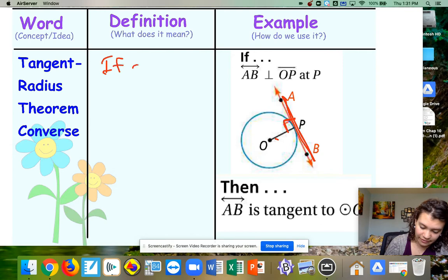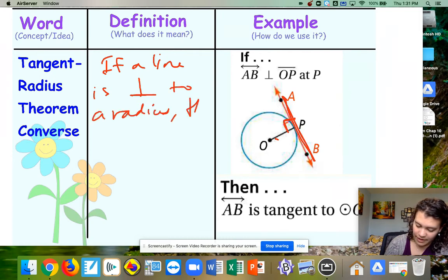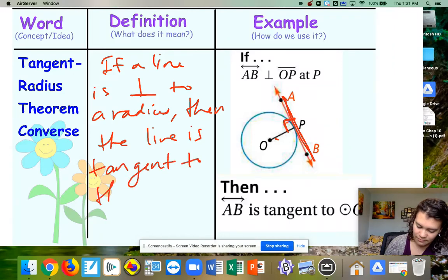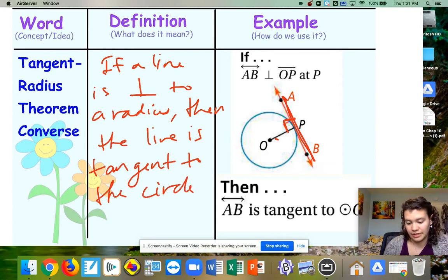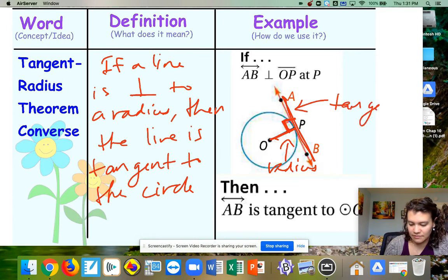So if a line is perpendicular to a radius, then the line is tangent to the circle. And that's what this picture here is showing. So you have a radius right here. You have a 90-degree, which makes this a tangent.